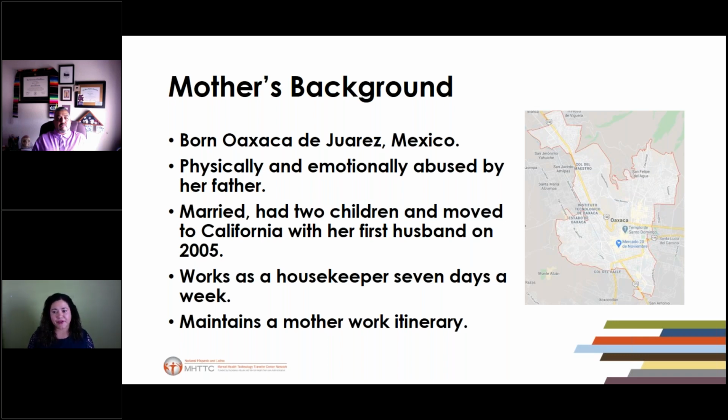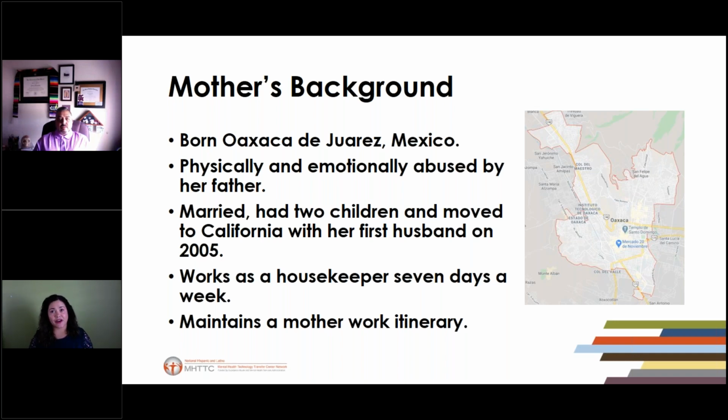So the mom, after she was physically and emotionally abused by her father, she was raised and she never went to school. She was working since she was a little girl, so she wasn't able to write or to read. And she used to work as a housekeeper almost 7 days a week.